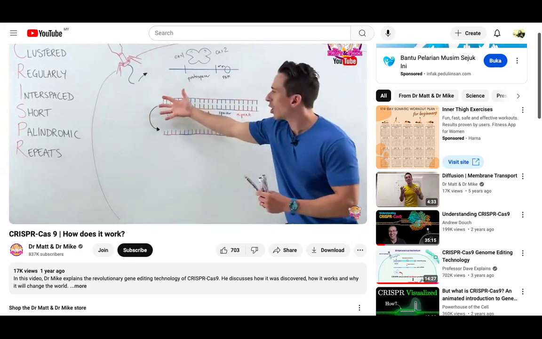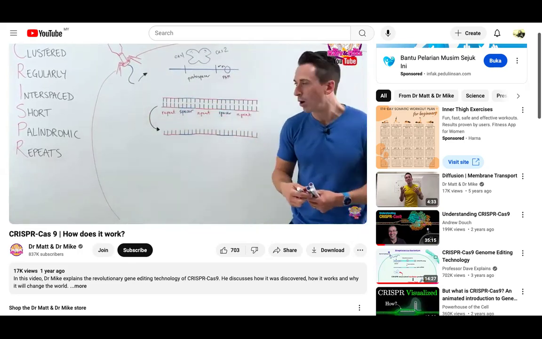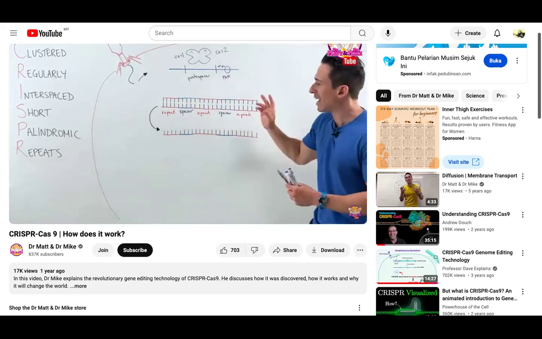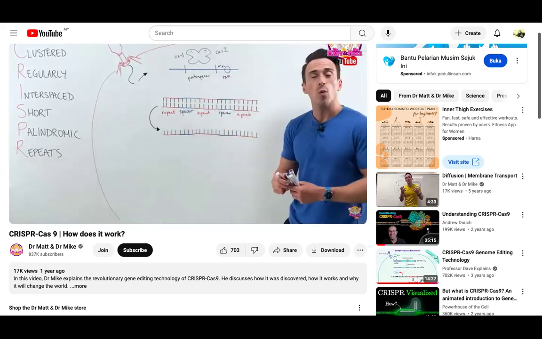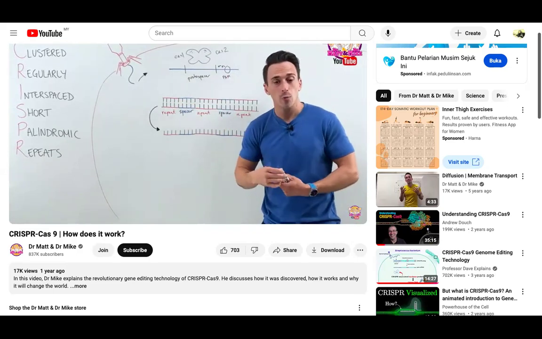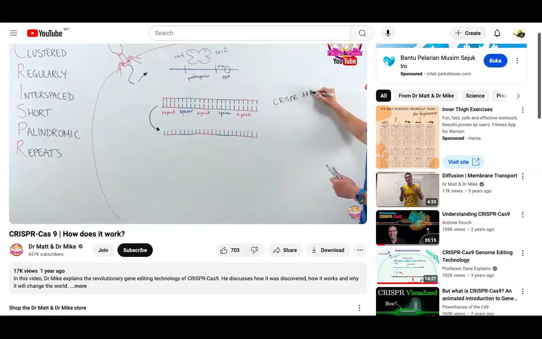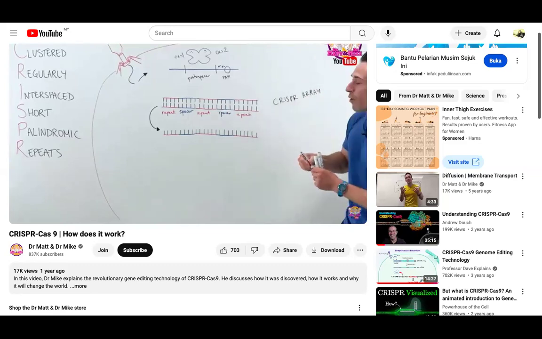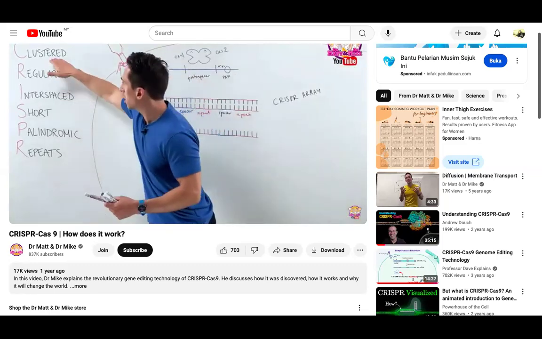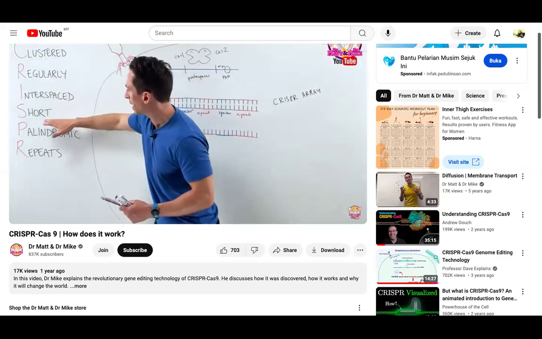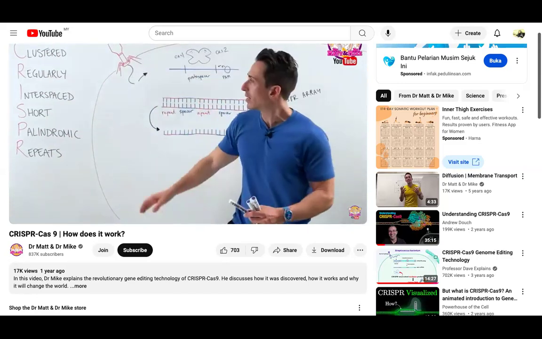What we call this entire collection of DNA, where we've got various repeats and various spacers, is a CRISPR array. So this whole thing here is a CRISPR array. If we break that term CRISPR up: clustered, regularly interspaced, short, palindromic repeats.